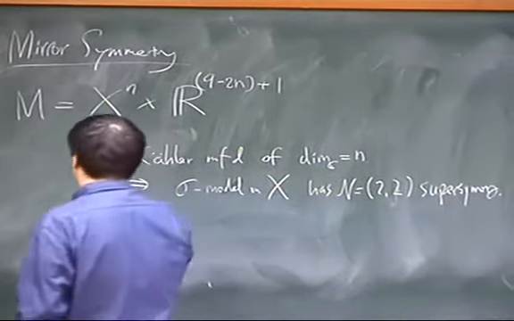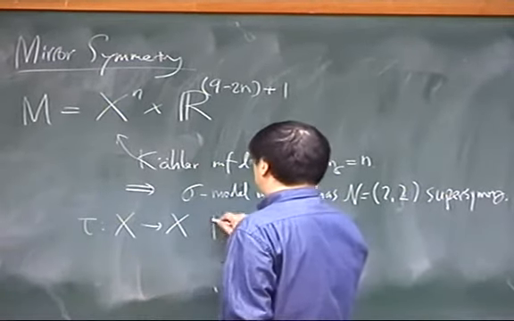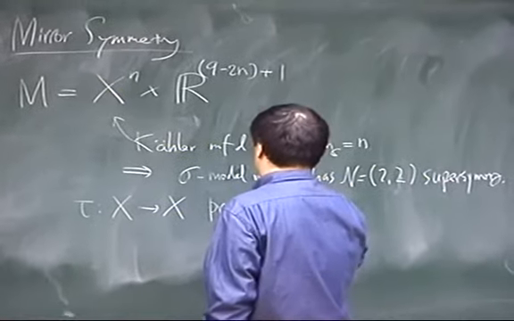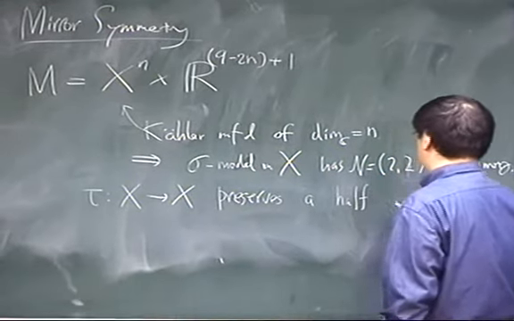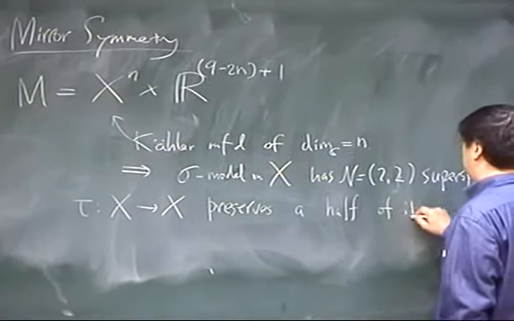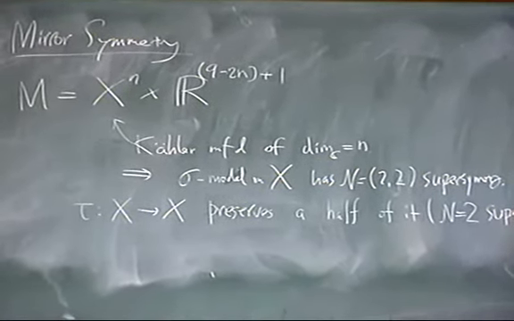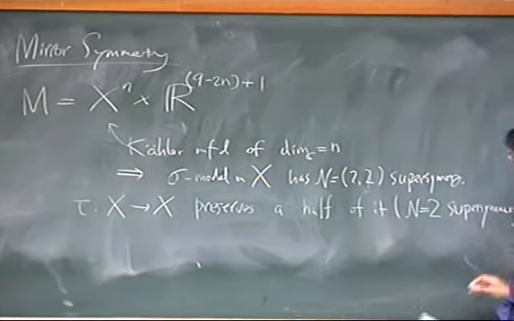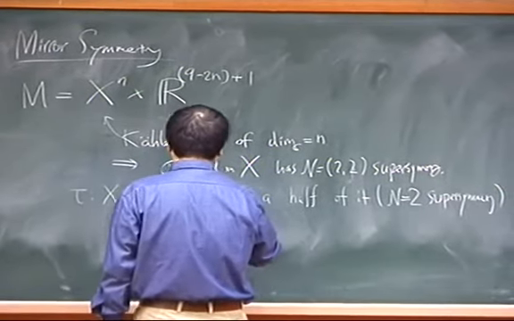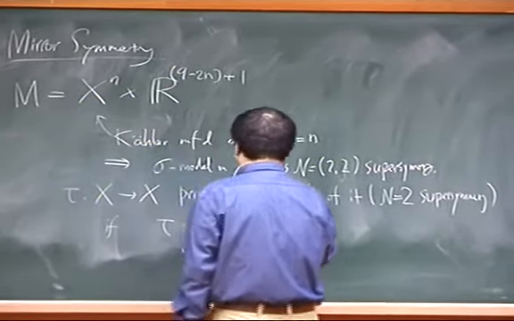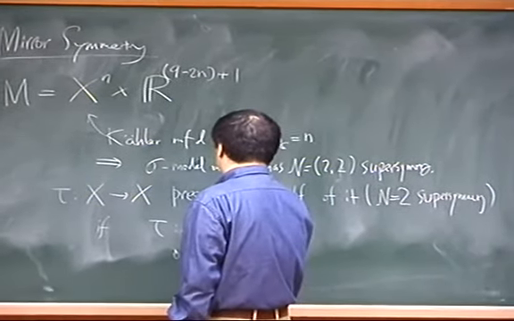And this involution tau, let's focus on this part, preserves half of the supersymmetry, so-called n equal to 2 supersymmetry, if tau is either a holomorphic involution or an anti-holomorphic or anti-symplectic involution.